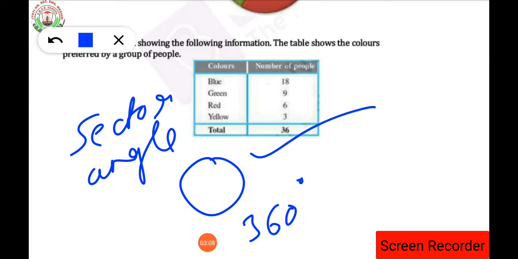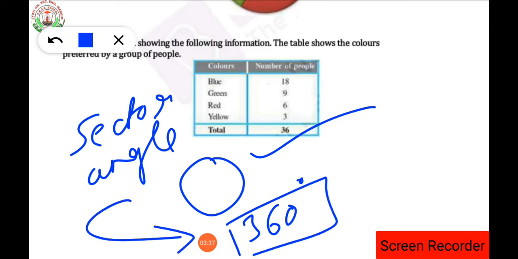We have to convert the number of people into the form of sector angles. For these 4 colors, we will draw a pie chart, and when we add the sector angles, we have to get 360 degree. Clear everyone? So let's see the solution.